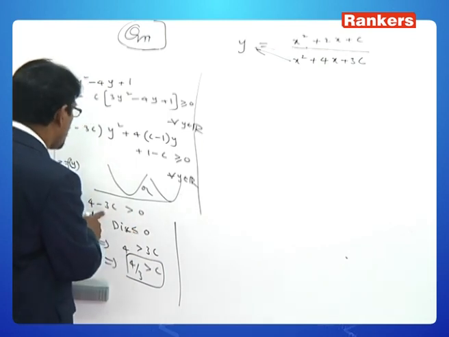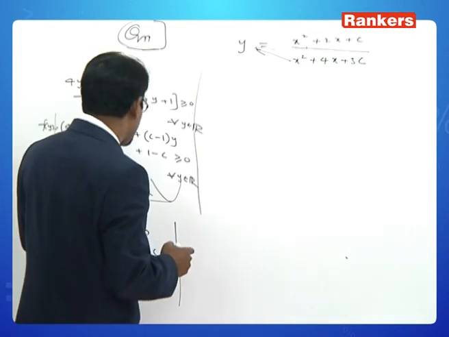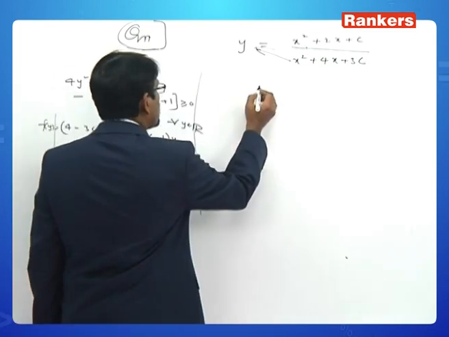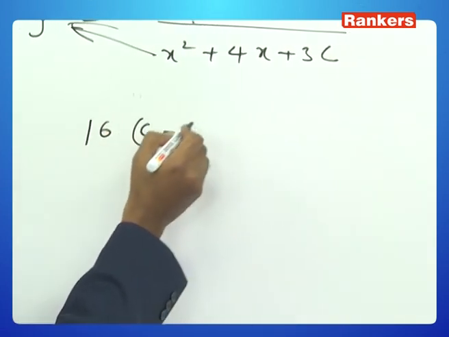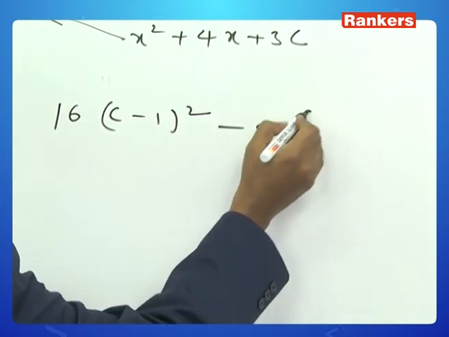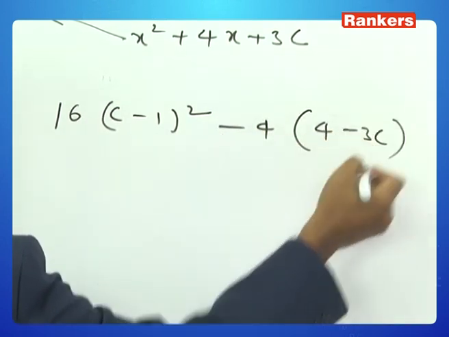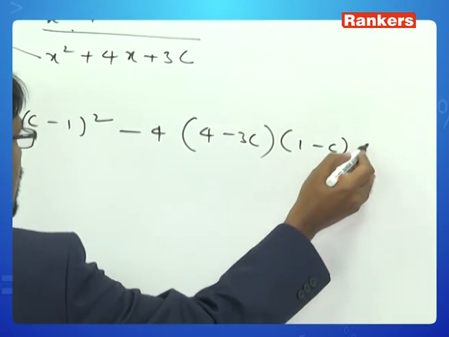So for 4 minus 3c to be positive, c should be less than 4 by 3. Now let's look at the discriminant less than or equal to 0 condition. That is 16 into c minus 1 the whole square minus 4 into 4 minus 3c into 1 minus c should be less than or equal to 0.